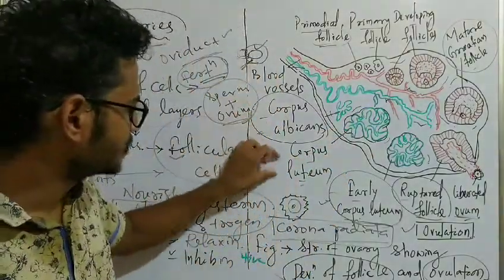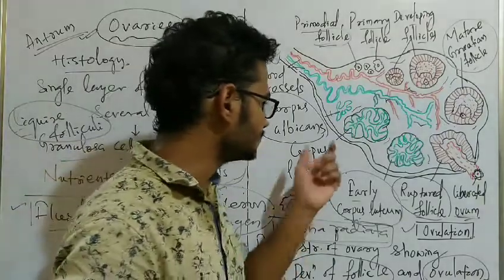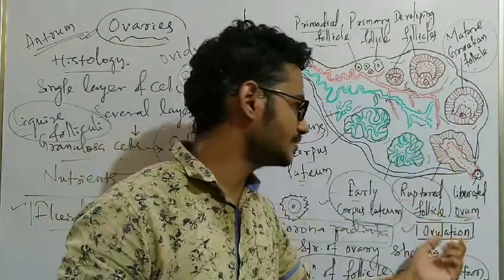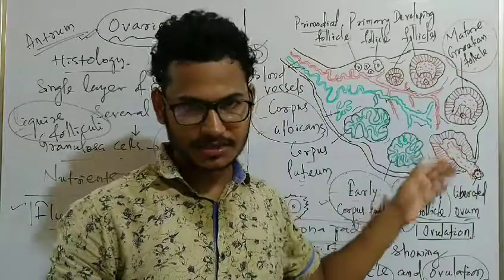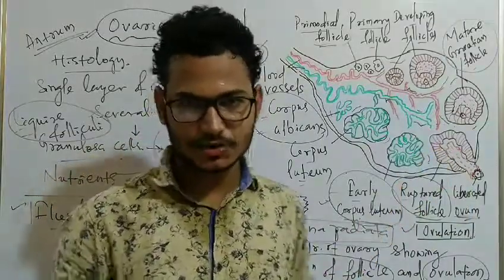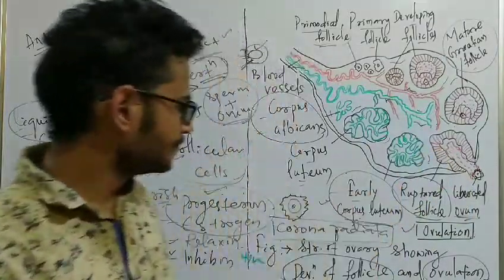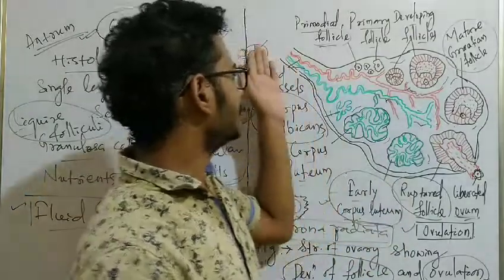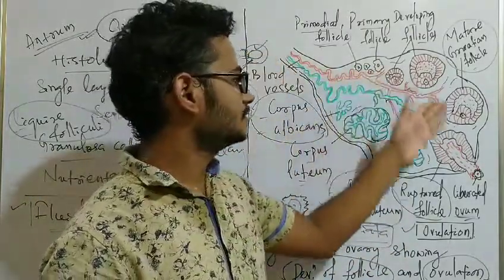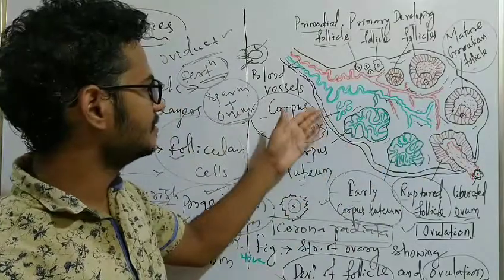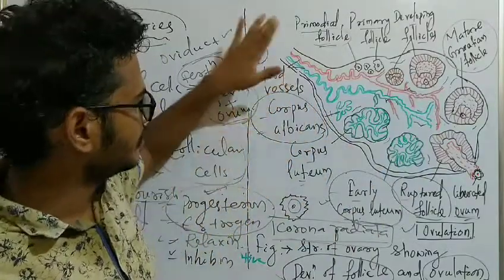The function of the corpus luteum, which is formed after the rupture of the Graafian follicle, after the liberation of the secondary oocyte or the mature ovum, and how the different developmental stages are seen are here in this diagram.